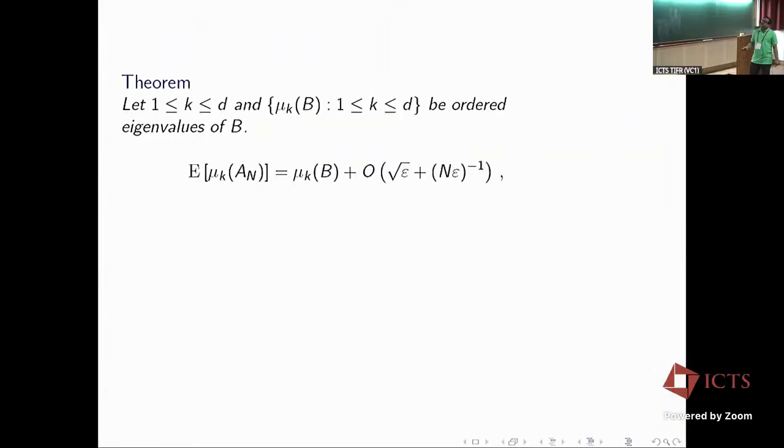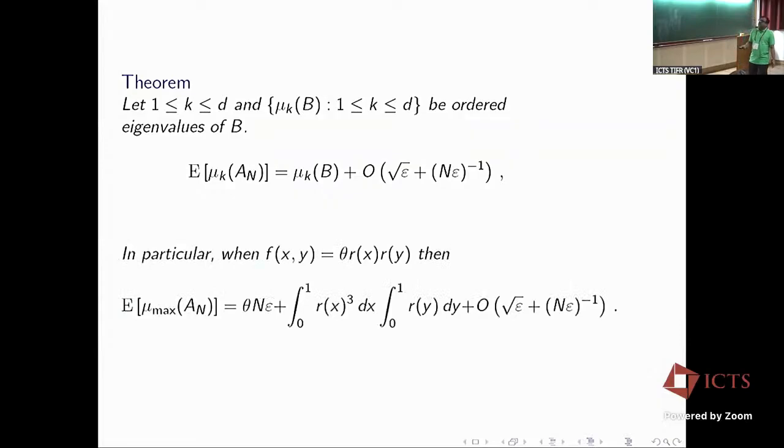The result is that the expectation of the kth eigenvalue is essentially of the order of the kth eigenvalue of B, and B is a deterministic matrix. So this gives a description of the centering as well.